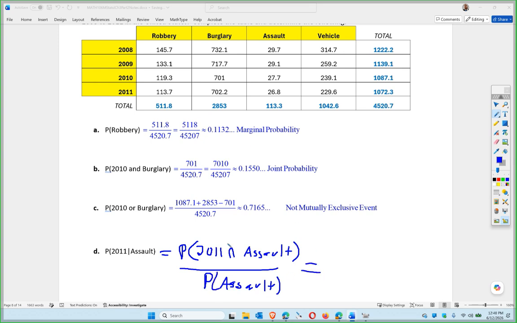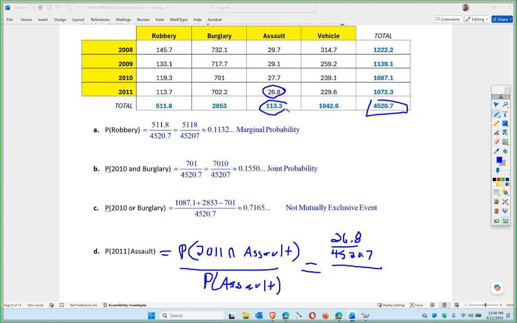Okay, so both, that's a joint. So 2011 and assault is 26.8, right? So 26.8 over the 45,207, right? Grand total. And we have just assault, which is a marginal probability.